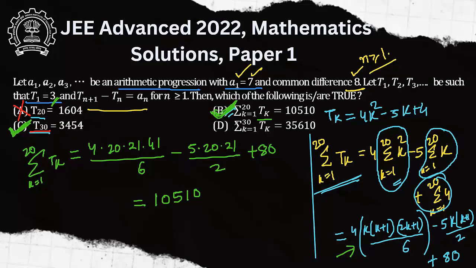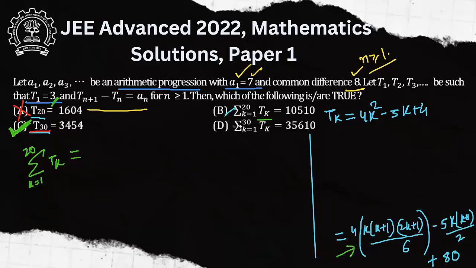Now finally let's evaluate option number D to see if it is correct. If you have to find the sum of the same series for k going until 30 here, simply put the value of k as 30.